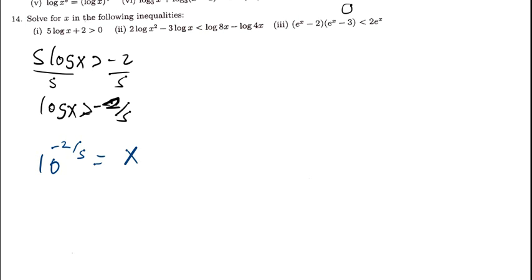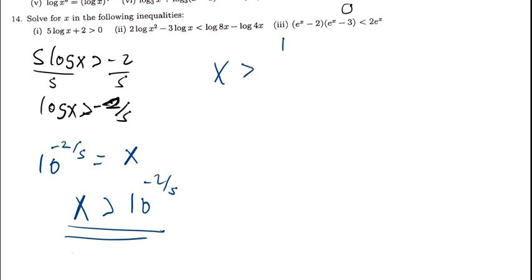So it's basically the same thing, where this greater than has to come to this one, so it's going to be x is greater than 10 raised to the power -2 over 5. So that will be the answer. If you want, that is basically the same as x is greater than 1 over 10 raised to the power 2 over 5. You can leave it there.